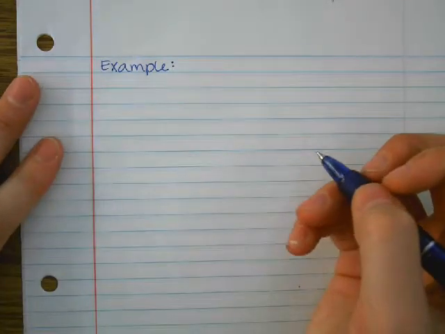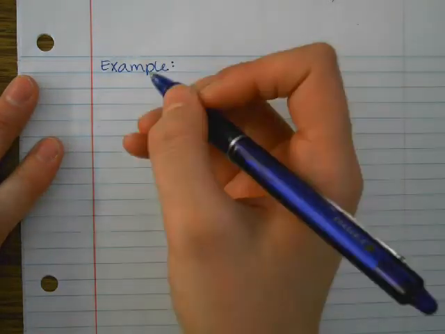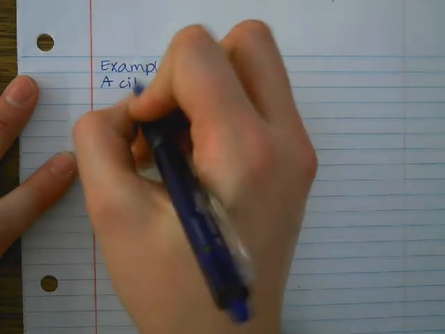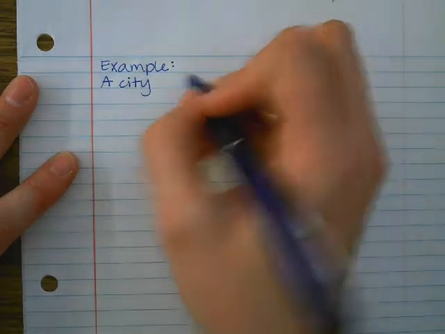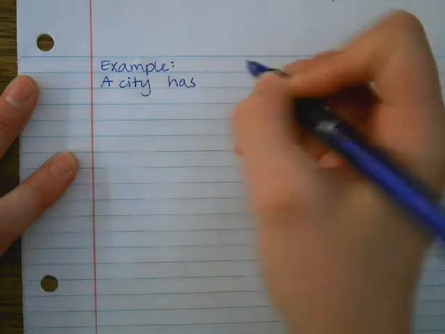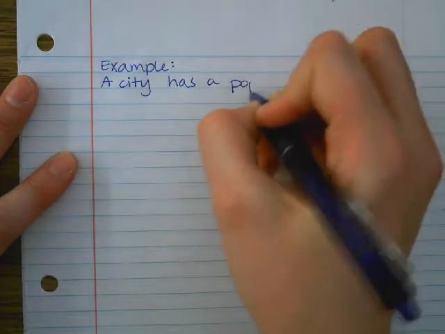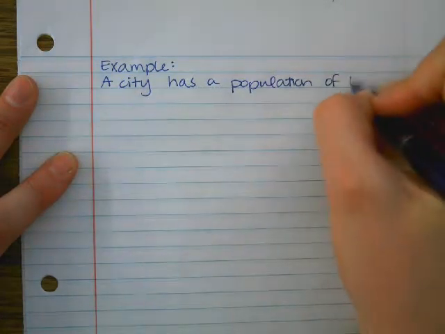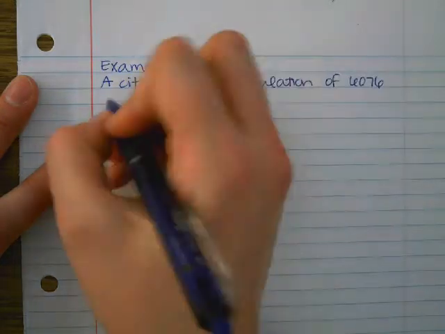So here is the problem. A city has a population of 6,076 in 1990.